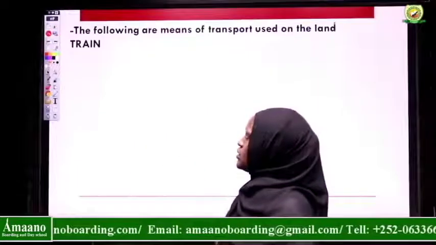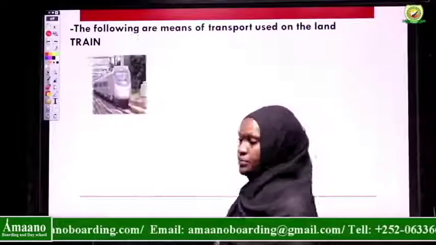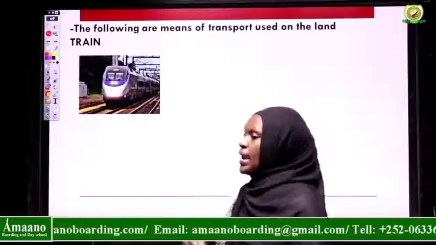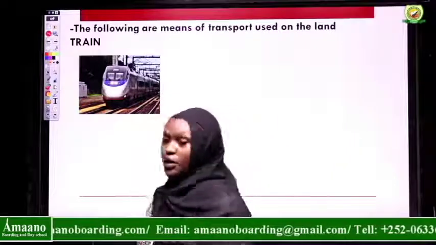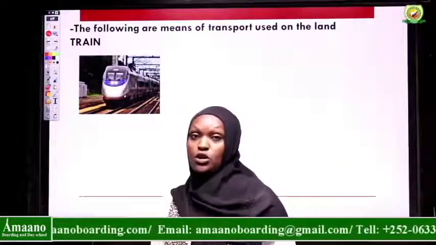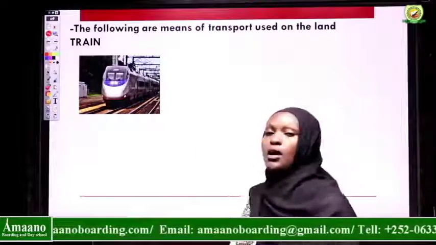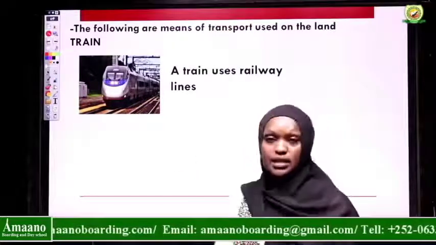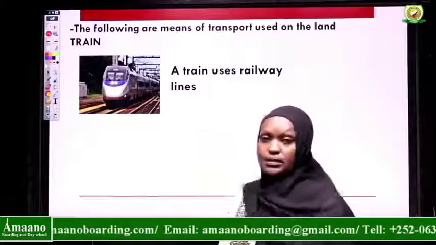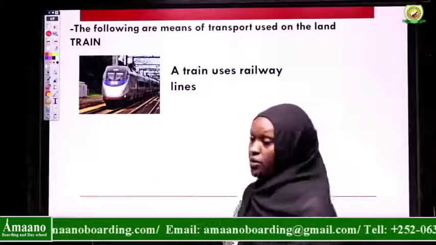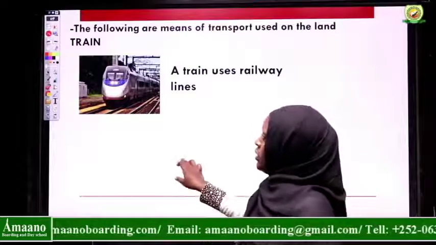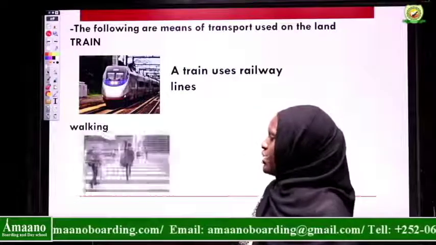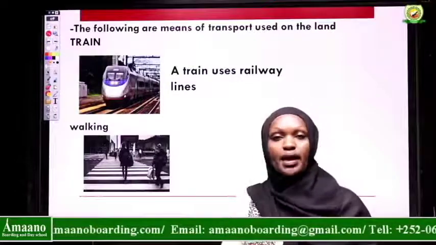What do we use to travel on land? The following are means of transport used on land. One, we have the train. Train is used on land, and train moves on railway lines. Another way of travel on land is by walking.